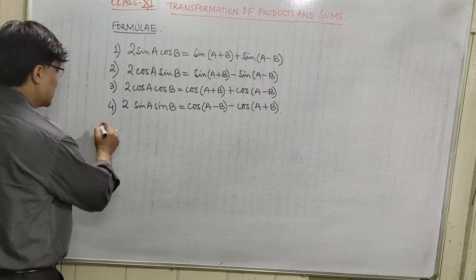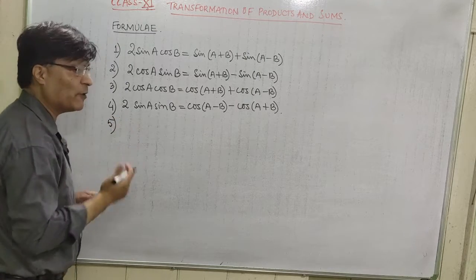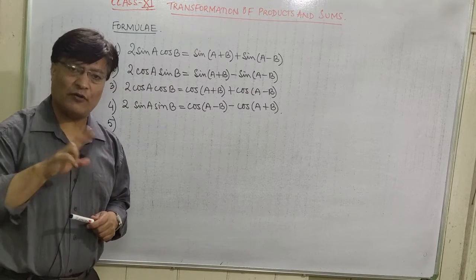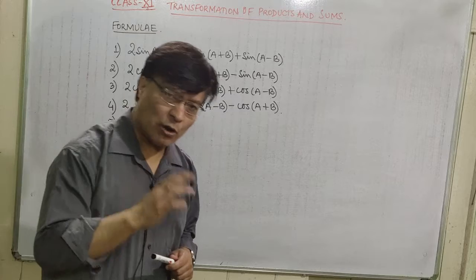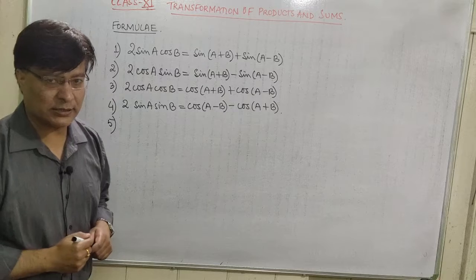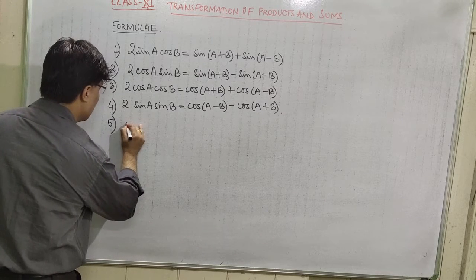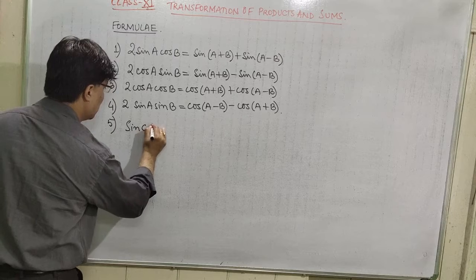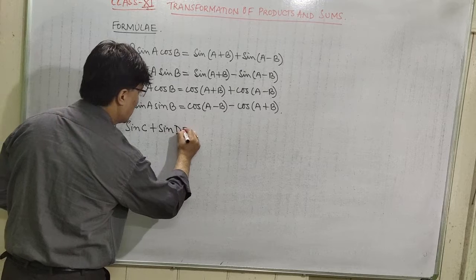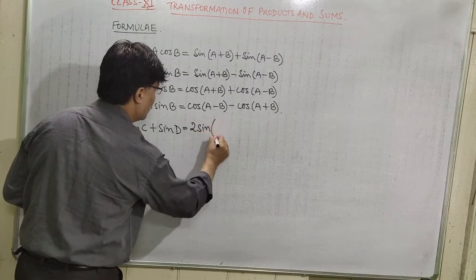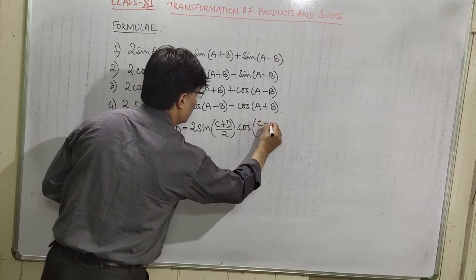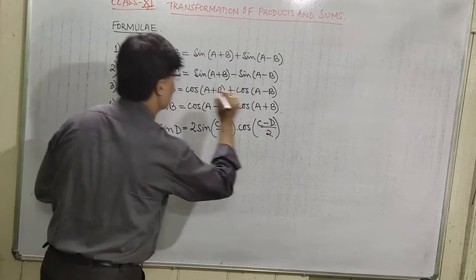Okay, so next, let us write down the formula for how to convert sum or difference of two trigonometric functions into their product. Okay, so now it will be sine C plus sine D. Its formula is equal to 2 sine of C plus D by 2 into cos of C minus D by 2.